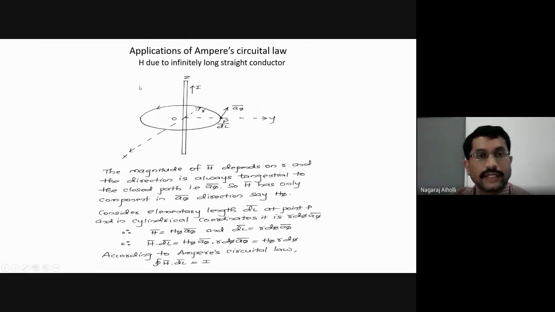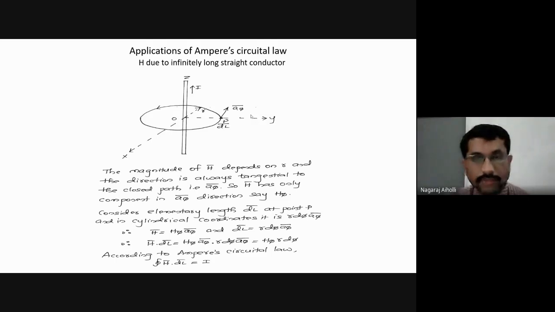What was the H bar equation when we found it using Biot-Savart law? This is the H bar equation that we are finding using Ampere's circuital law. We have to clearly differentiate between the derivation of H bar using Biot-Savart law and the derivation of H bar using Ampere's circuital law. They will clearly mention in the examination, derive the equation for H bar using Biot-Savart law.